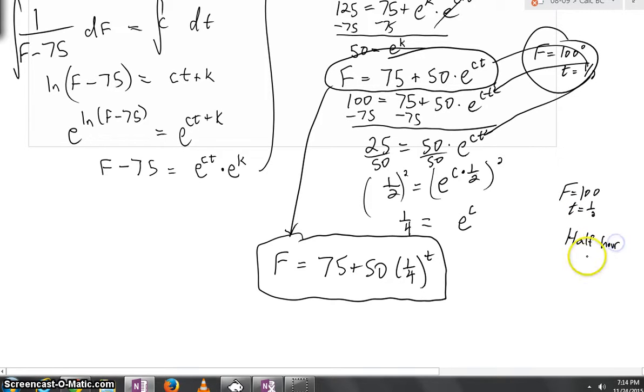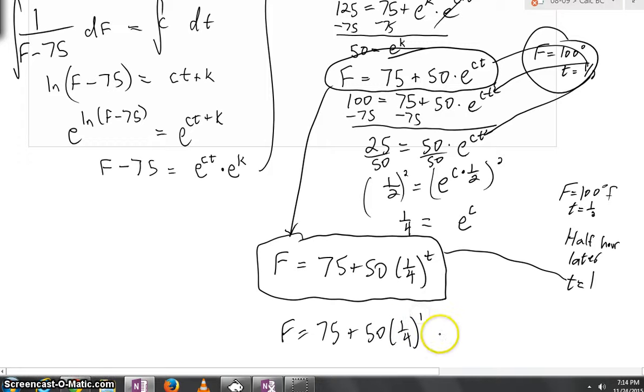would be when T equals 1. You already had a half hour to cool down to 100 degrees Fahrenheit. A half hour later means that it will be 1 full hour after you have cooled. So let's go ahead and plug that in. We'll have 75 plus 50 times 1/4 to the 1.